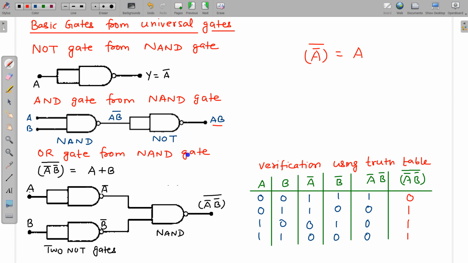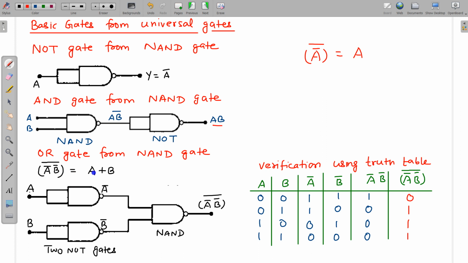OR gate from NAND gate. To make OR gate we use this Boolean algebraic relation: A bar B bar whole bar. In Boolean algebra, it can be proved that this is equal to A plus B. We should directly remember this relation.